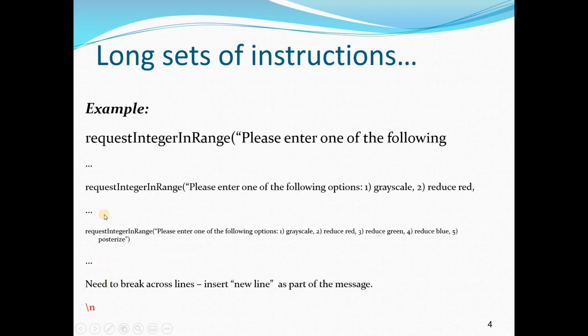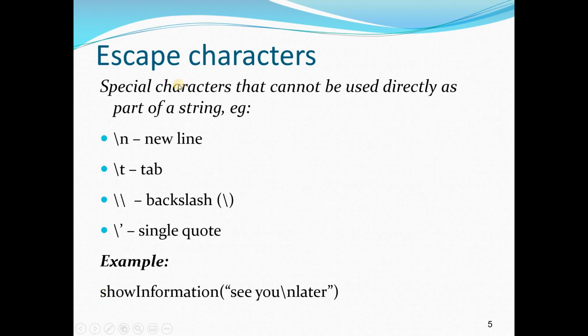Moreover, many students ask how to break lines, how to start a new line in the message. For that purpose, you will use \n as you have used many times in C, C++. These are special characters that you can use in messages that you write in functions like show information. \n will create a new line, \t for tab, and backslash if you want to put inverted commas.